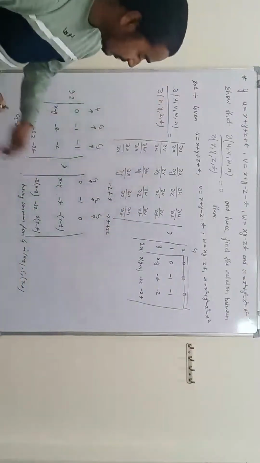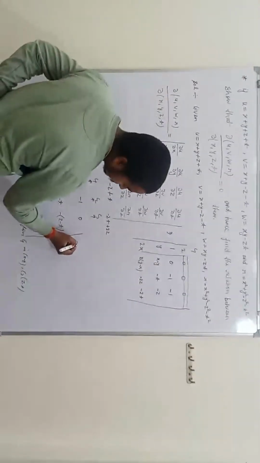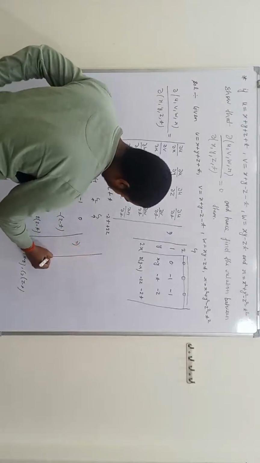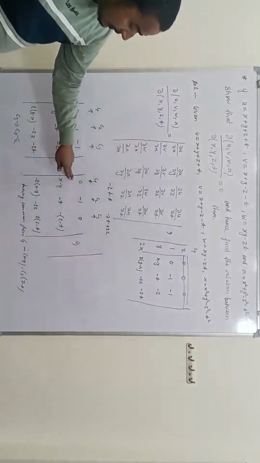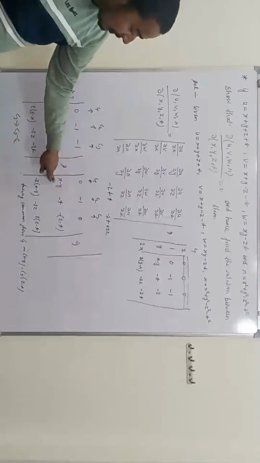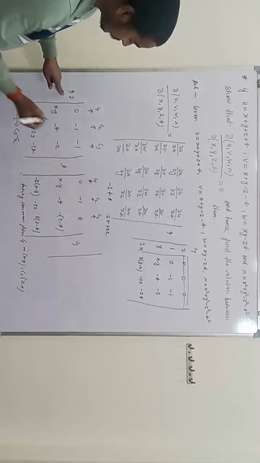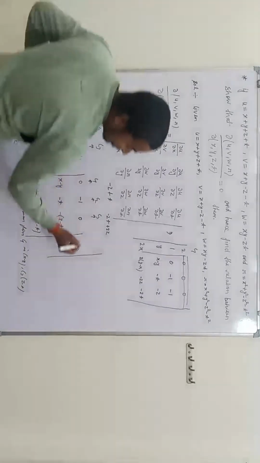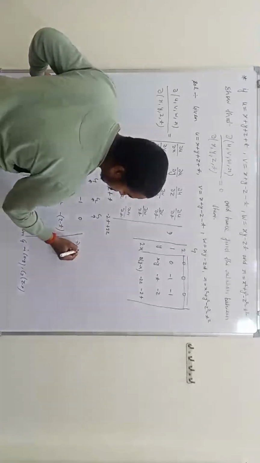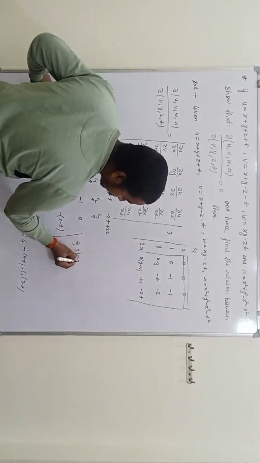Further we have to write the determinant, then we have to take common x minus y, and 2 is already present, that is 2 times of x minus of y.